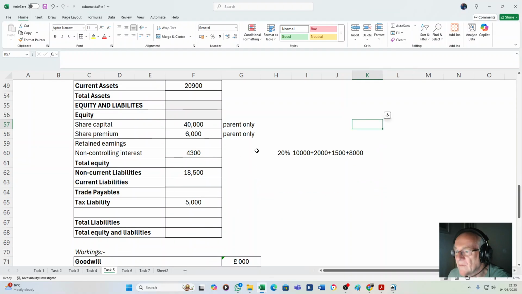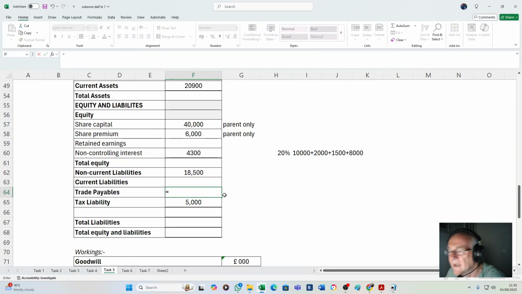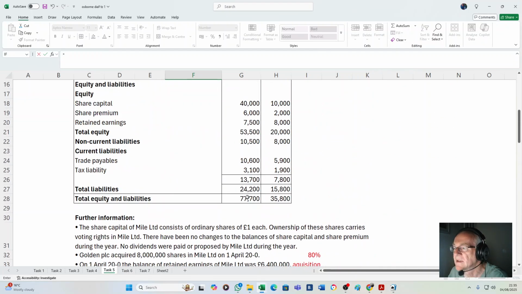And exactly the same will happen with the current liabilities. We've got the tax liability in there already. However, trade payables, same rule, add the two together, but we can't count the 200. So can't owe yourself money, can't be owed by yourself money.